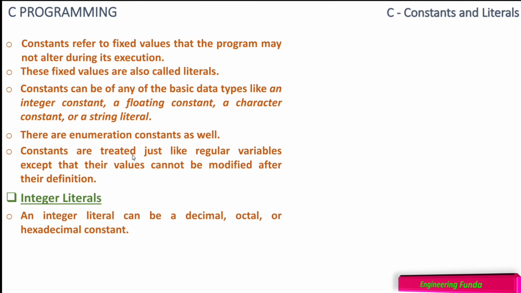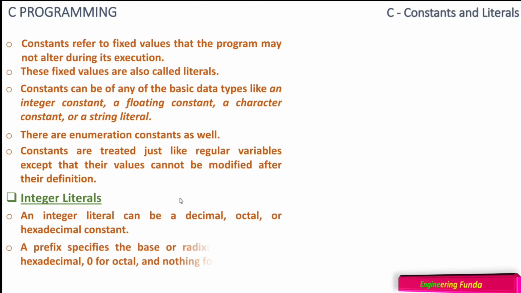Integer literals can be a decimal or an octal value or a hexadecimal constant. So in C, we can have an integer variable which can have some value assigned to it, and that value can be a decimal value, or it can be an octal value, or it can be a hexadecimal value.